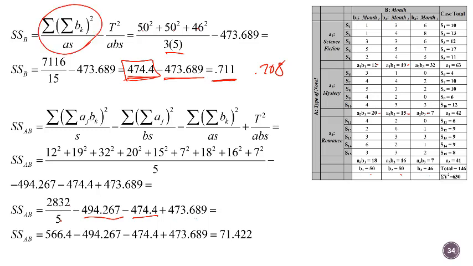The plus the 473.689, which is this that we get from the t squared over ABS. All those components. Subtract them out and you get 71.422.